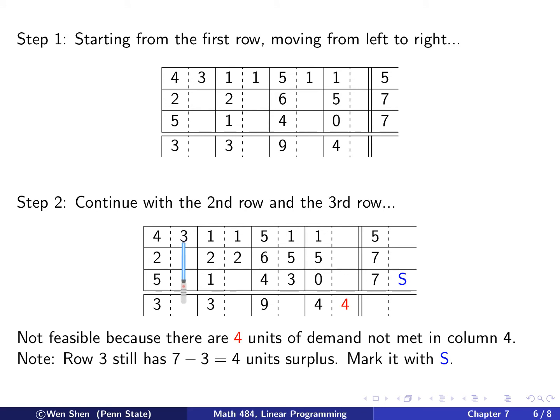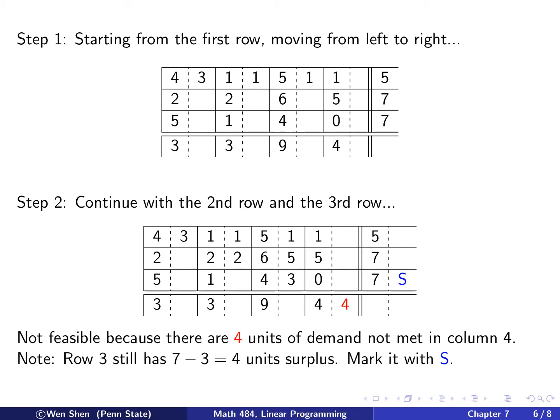No, because it already has 3 units, so it's done, nothing here. Then from origin 2, can I ship to destination 2? The capacity says 2, and destination 2 already received 1 unit, so it still needs 2 units. I still have 7 units in the warehouse, so I can put 2 units here. This satisfies all the constraints.